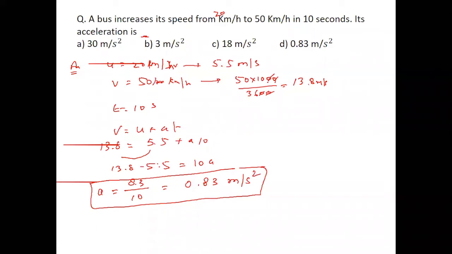Geeta, Saros is okay. D is correct. MNK, right? Please write your full name, with some initial, so I can understand. Okay. So no doubt?